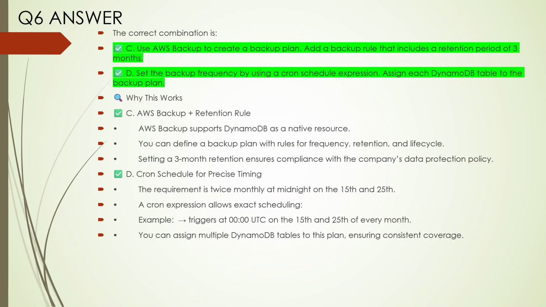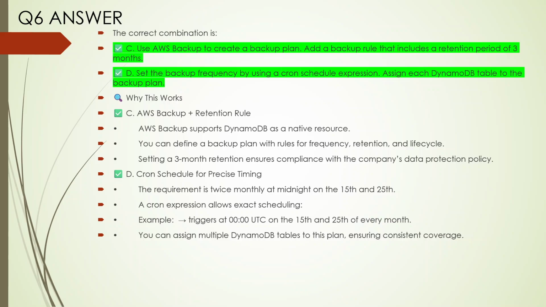So the correct answer is C and D. Use AWS Backup to create a backup plan, add a backup rule that includes a retention of 3 months, and set the backup frequency by using a cron schedule expression. Assign each DynamoDB table to the backup plan. Why does this work?